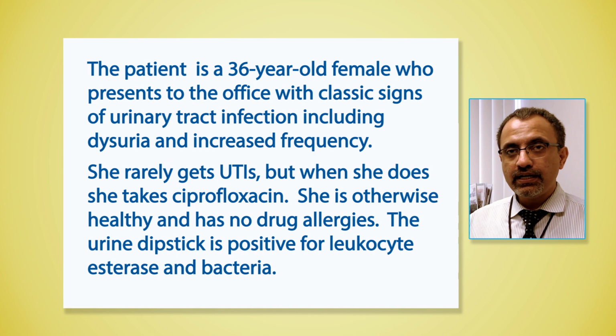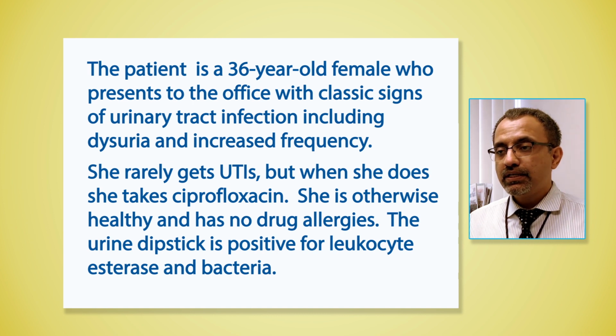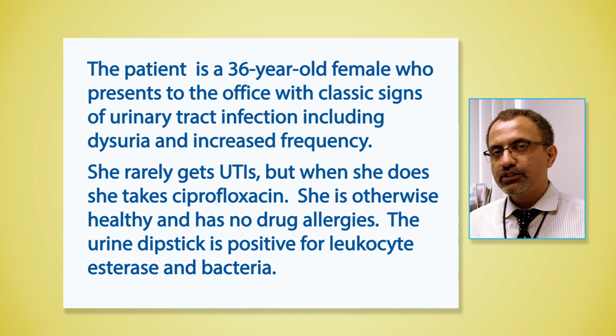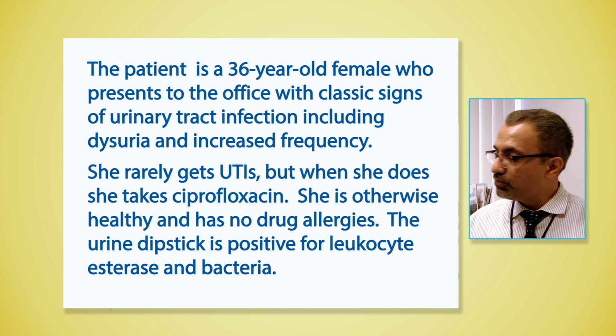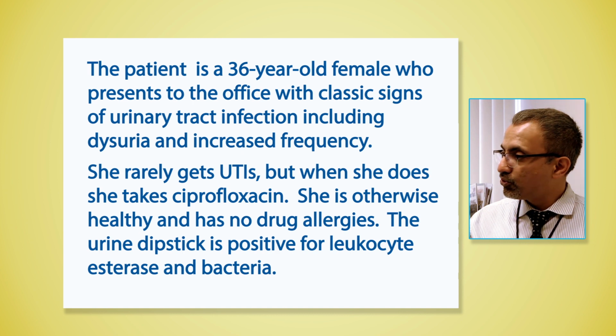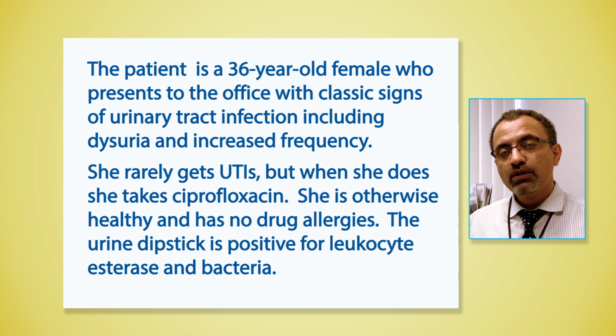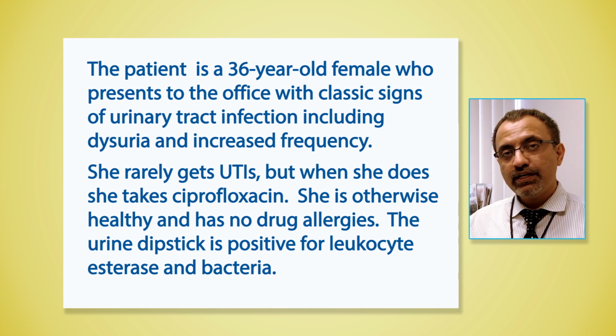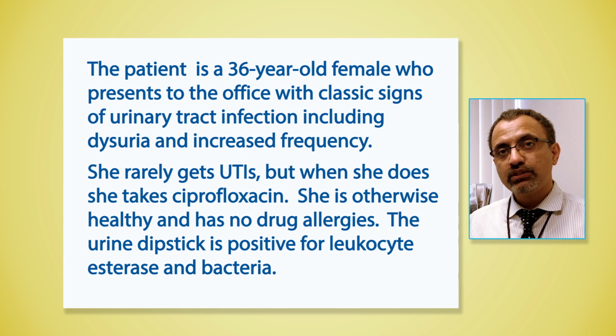She has had UTIs rarely in the past, but has used ciprofloxacin, for example, in the past. This time, again, she's presenting with similar symptoms. You do a urine dipstick, it shows leukocyte esterase, it also is positive for bacteria. Your clinical diagnosis at this time is urinary tract infection, and you want to use an antibiotic.